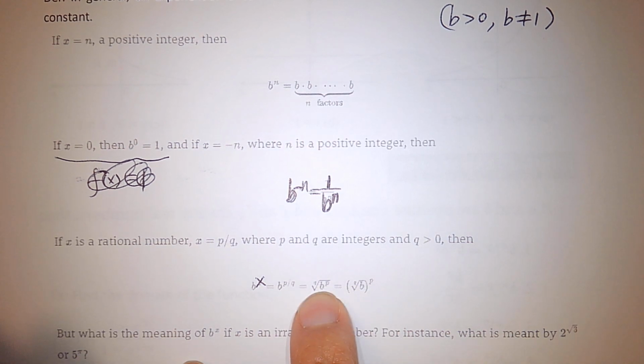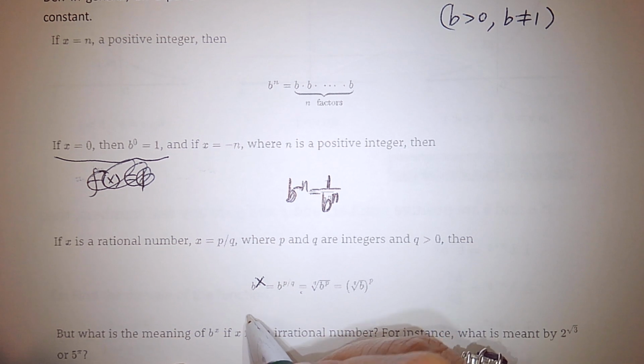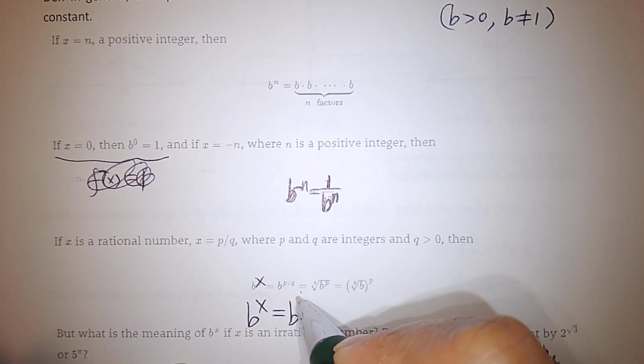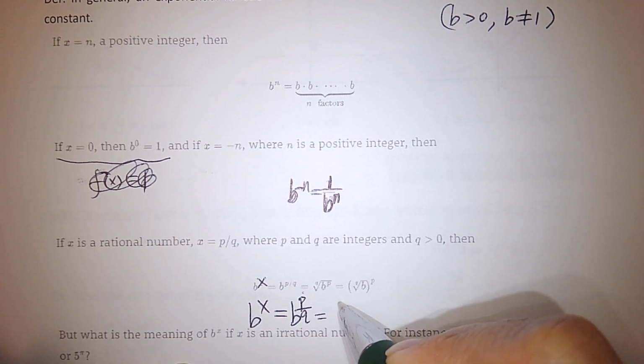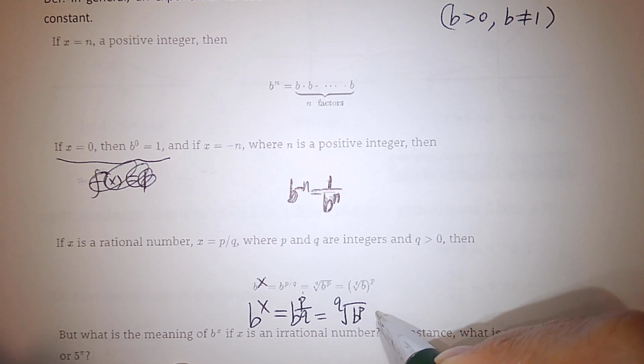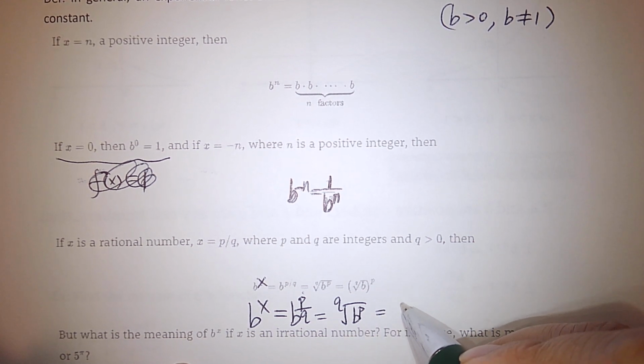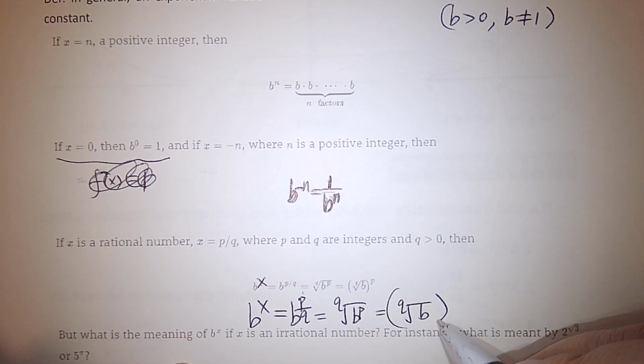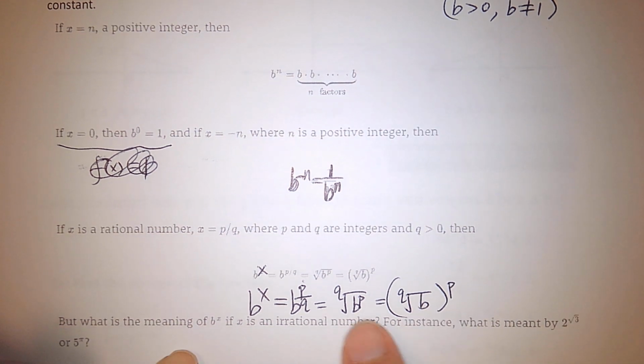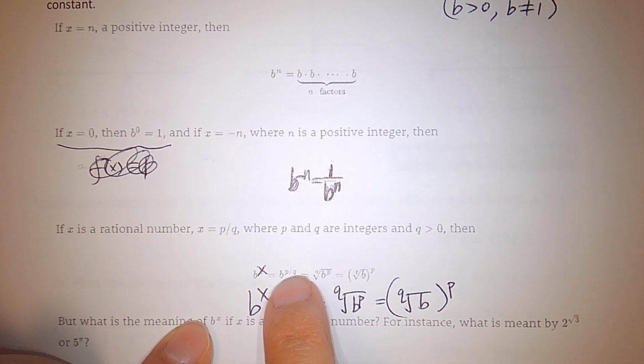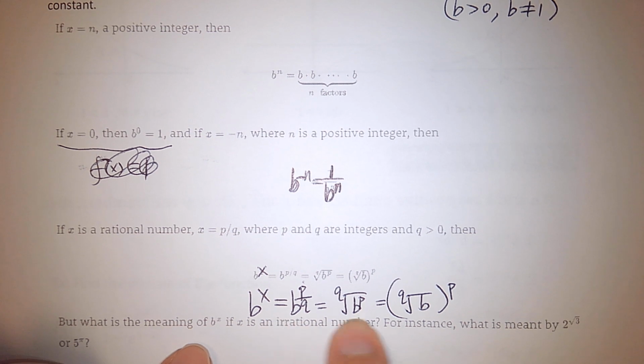And that gives us a radical, the q-th root. I'm going to rewrite it here since this is too small: b to the p over q equals the q-th root of b to the p-th power. Well, you can also write it as the q-th root of b, to the p-th power. This is what we learned from algebra.